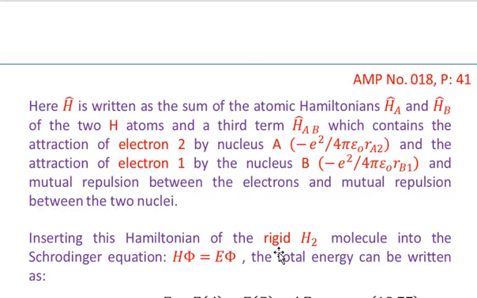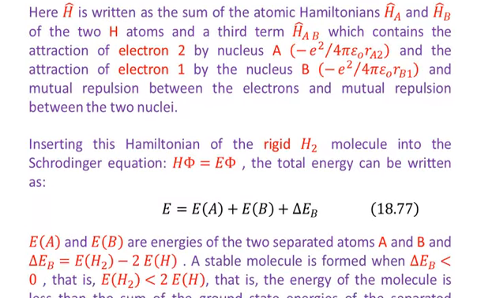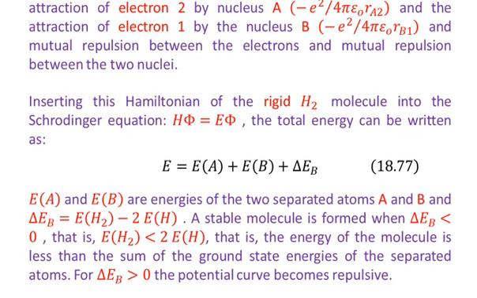Inserting this Hamiltonian of the rigid H2 molecule into the Schrödinger equation Hψ = Eψ, the total energy can be written as follows. So you see that we have discussed in detail the Hamiltonian of the hydrogen molecule under the molecular orbital, and now we are putting that wave function in the Schrödinger wave equation Hψ = Eψ, and then E, which is the total energy, the eigenvalue energy of the function, is given in equation number 77.